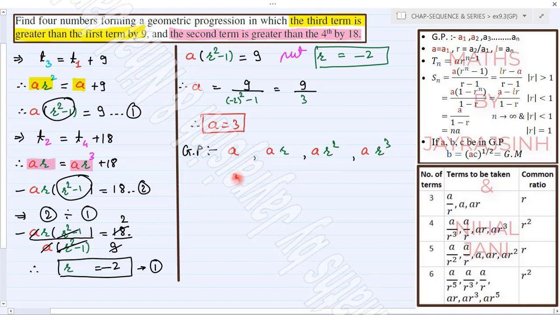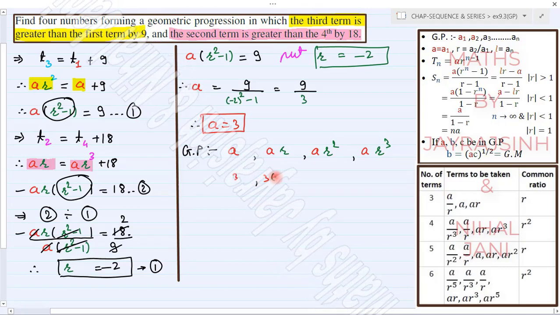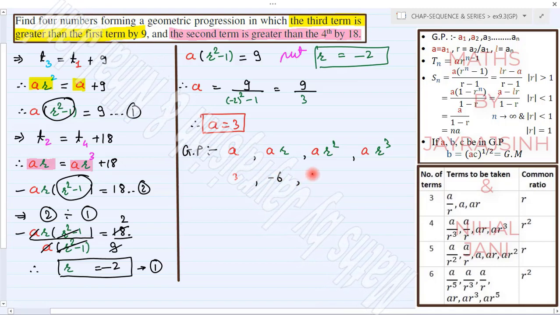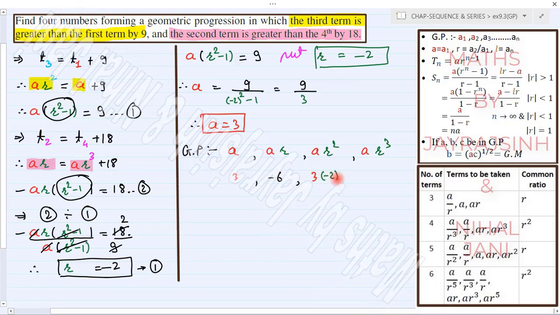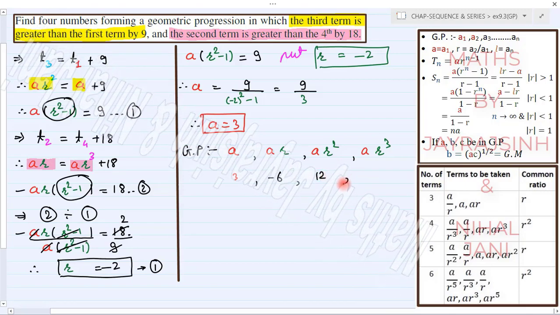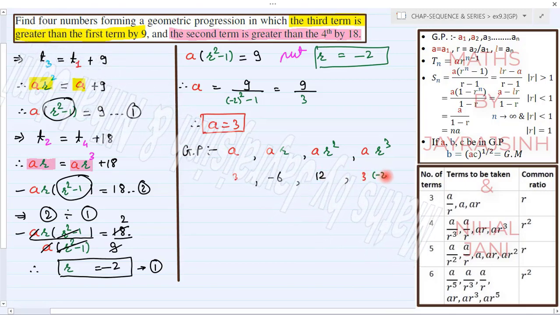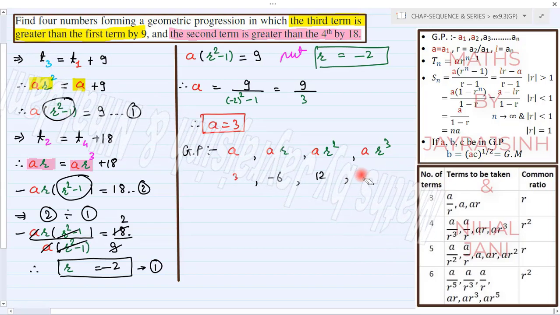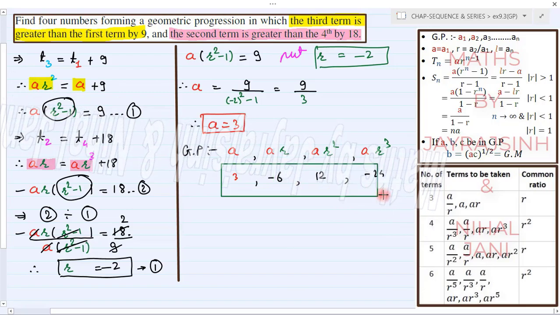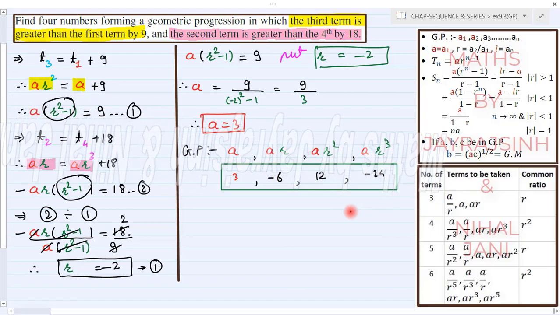So we'll get 3 into -2, or we can say -6, 3 into (-2)^2 will give us 12, and 3 into (-2)^3 will be -24. These are the required 4 terms. Tada!